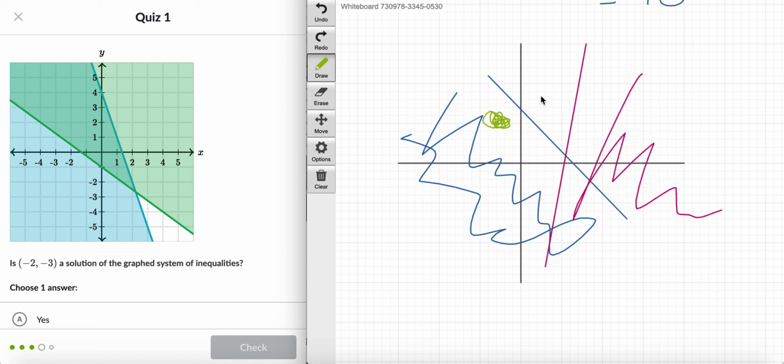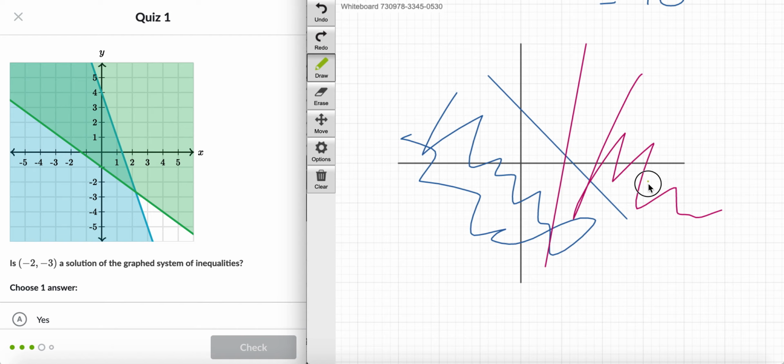Well, it definitely satisfies the blue one, because it's inside the blue shaded area. But does it satisfy red? No, it doesn't satisfy red, because red is right here and this blue is right here. It does not overlap with the red, so it's not a solution.